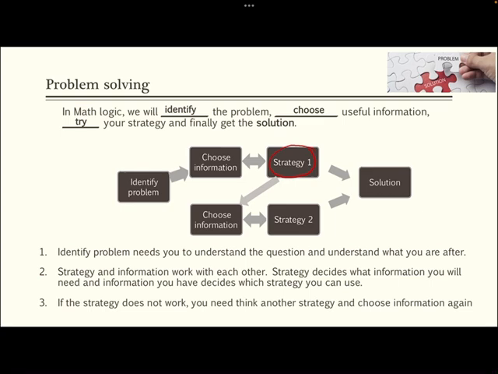So we should have the quick ability to say, all right, this is the strategy. If it's not working, we should quickly come back and see, is there any information I'm missing here? Or is there any information I'm still not using? And according to that, we reprocess and choose another strategy until we find the solution. So that is basically the process of problem solving.